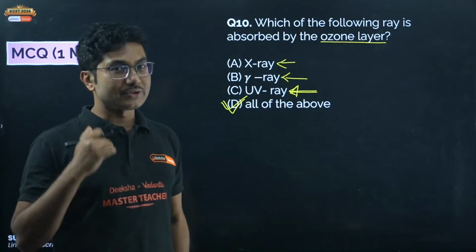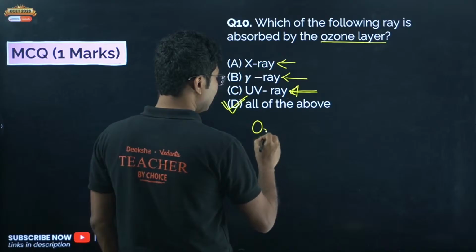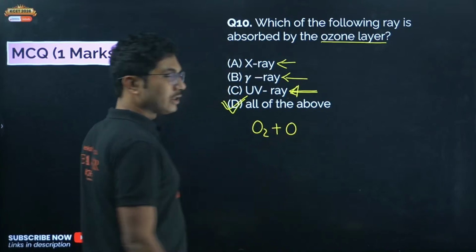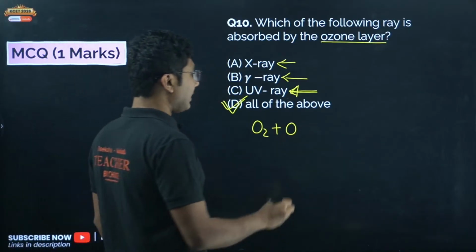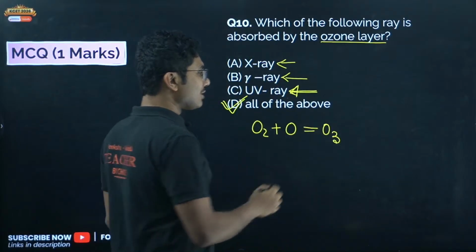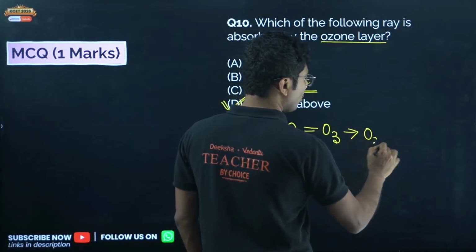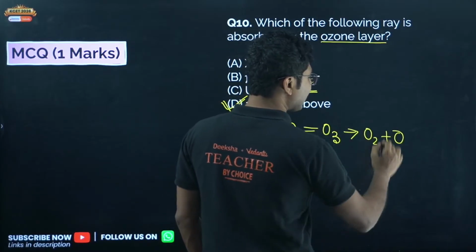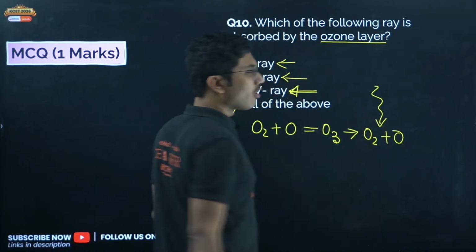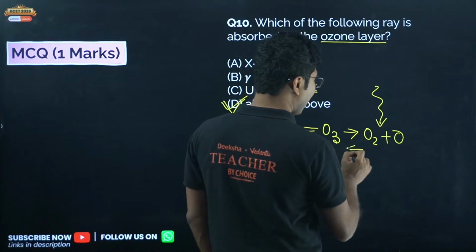Ozone layer absorbs everything. We know that when oxygen is combined with another atomic oxygen, they form ozone. This is not very stable, so it continuously breaks into O2 plus O. Now as soon as any high energy radiation falls on them, they again recombine to construct back the ozone.